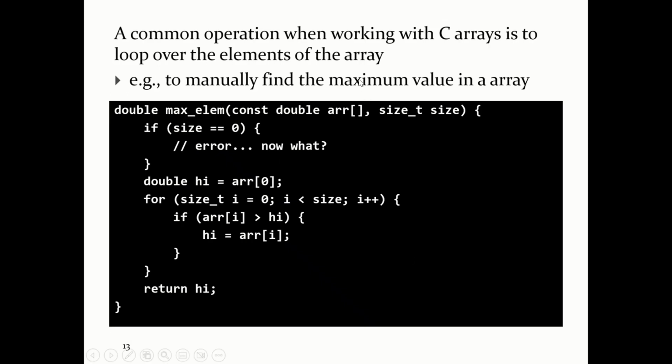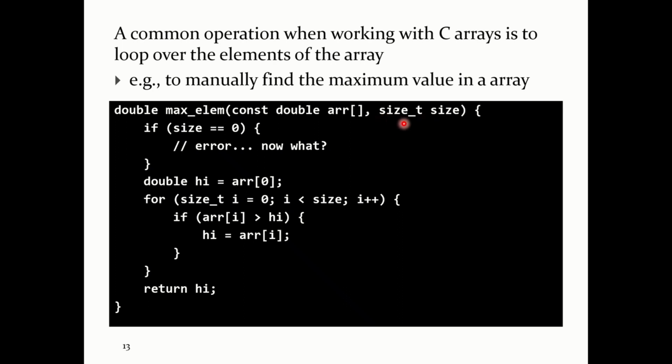Whenever you have an array in C, it's going to be extremely common that you write a loop involving the array. I want to do something with each element of the array, or every second element of the array, whatever. If I want to find the maximum value in an array in C, you could write the following function. maxElem returns the largest element in that array, and that array apparently has that size.